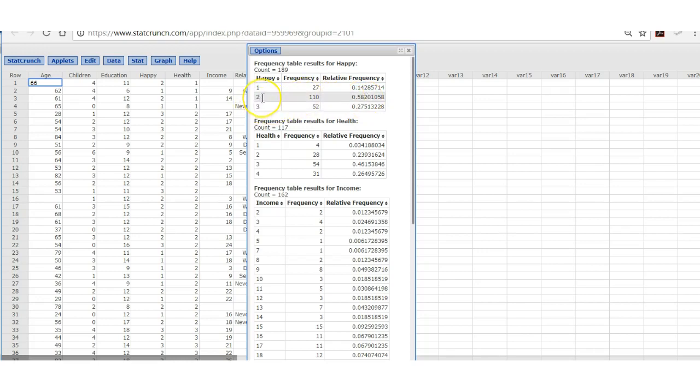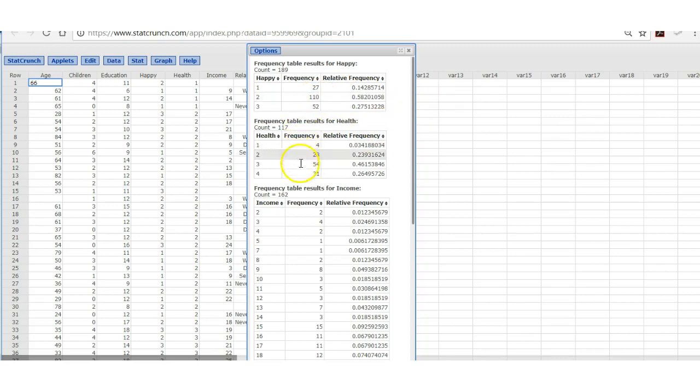For example, the number of people that answered number 2, which was the pretty happy choice, was 110. And the relative frequency of that is 0.58, which means that was about 58% of the respondents that gave that answer.